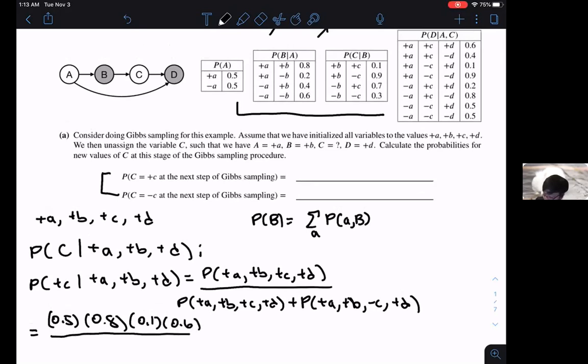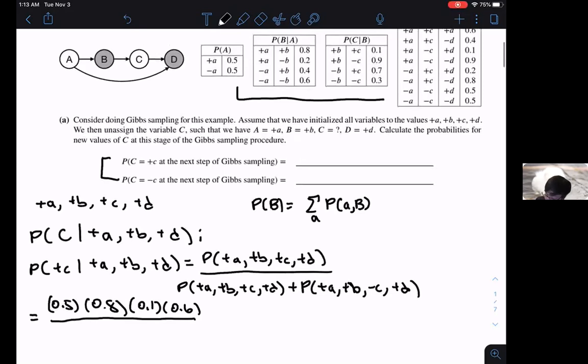And then I divide this by the same thing, since we see that these two terms right here are the same. So we have just 0.5, 0.8, 0.1, and 0.6.